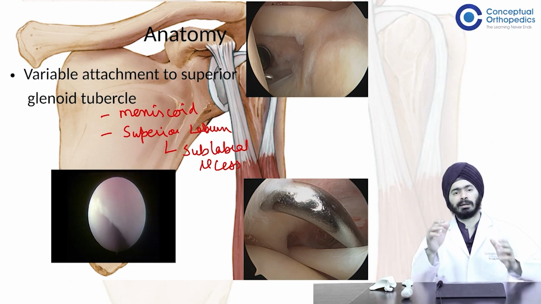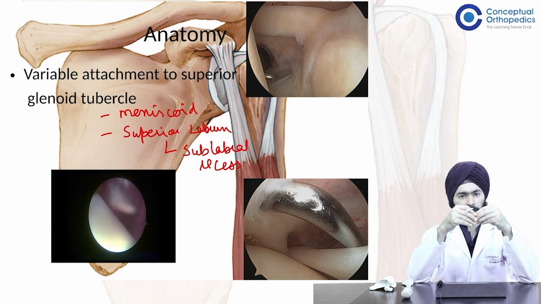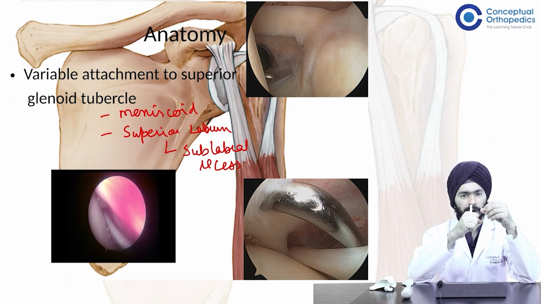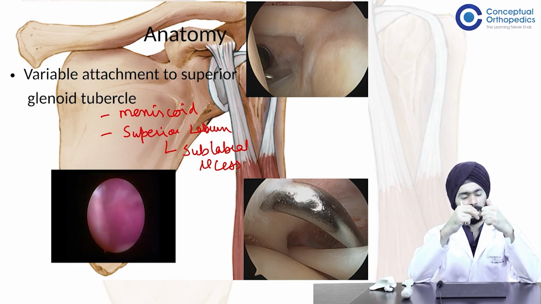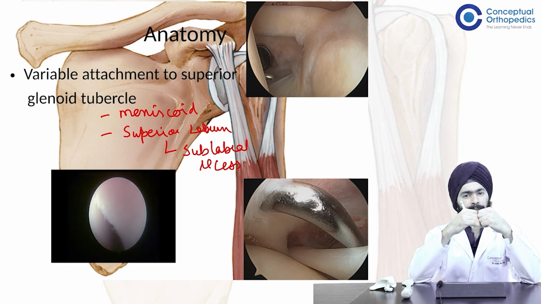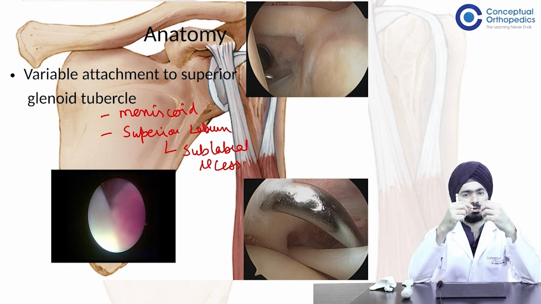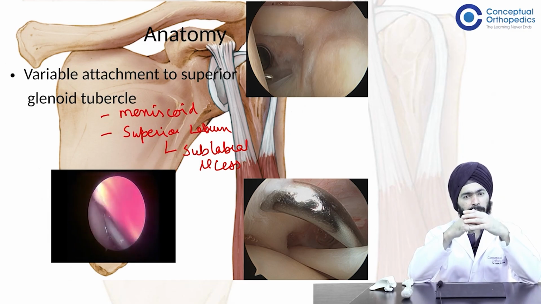So what is a sub-labral recess? The attachment of the biceps and the superior labrum onto the bone, onto the supraglenoid tubercle, is not very firm, and there is a smooth gap which is known as a sub-labral recess. Usually it's a small gap, maybe 1 to 2 mm.